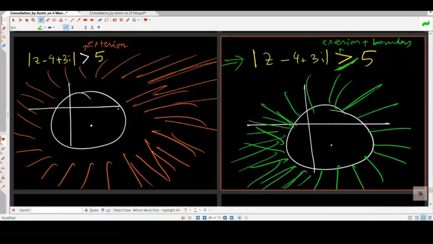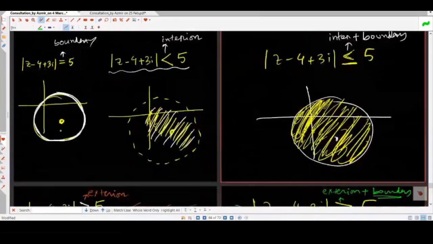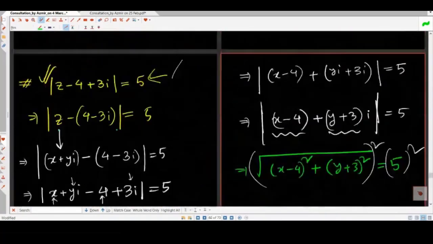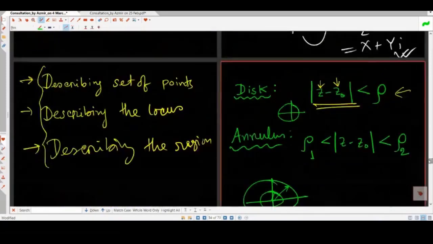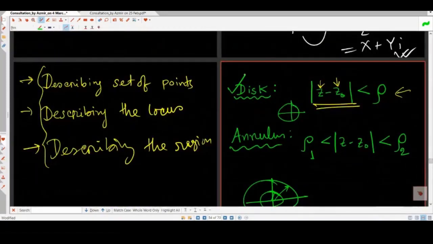For equal, the boundary, that means the border, is included. With just the greater than symbol, the border is not included. See, I didn't draw the straight line like this. I have maintained space here. So this is how we can describe the set of points. I have mentioned here disk and annulus.